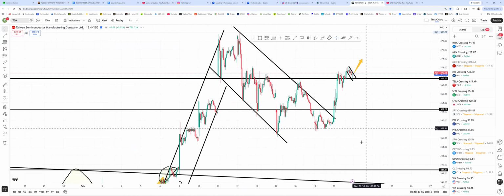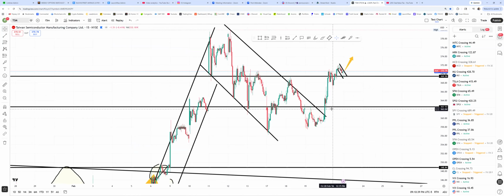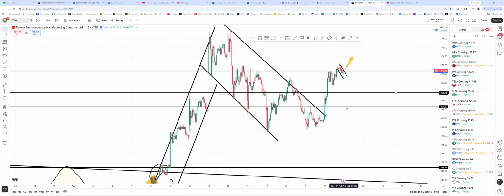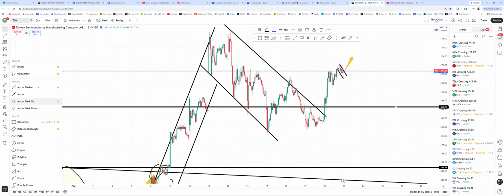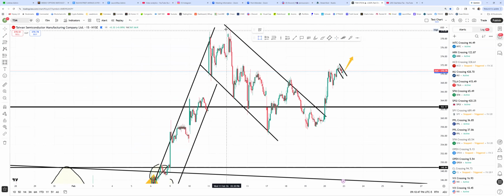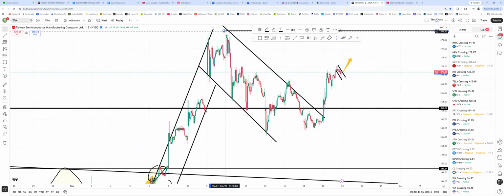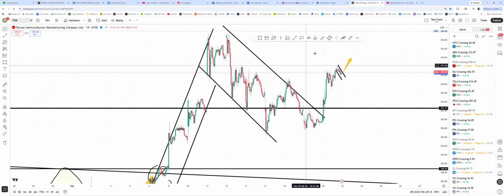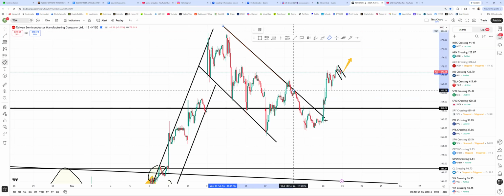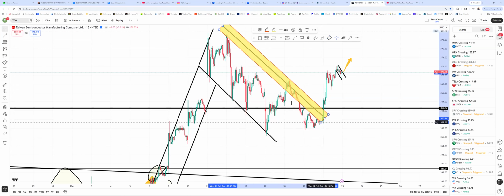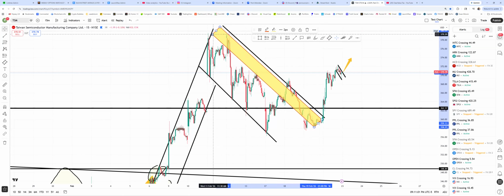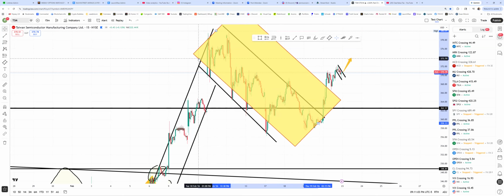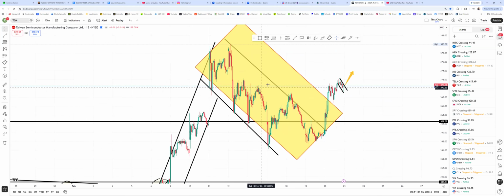But at this point, it is still above the flag, right? So look at the flag. Is it still above the flag? Hell yeah. I mean, it's not below it, right?